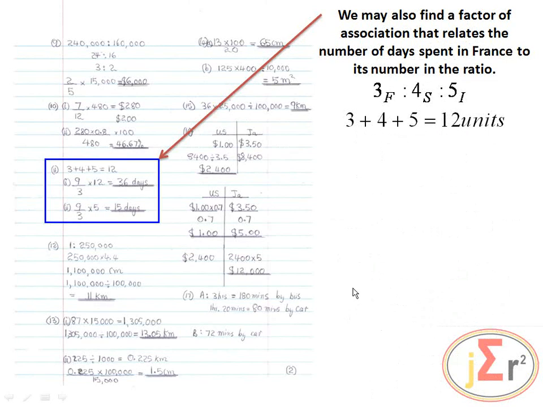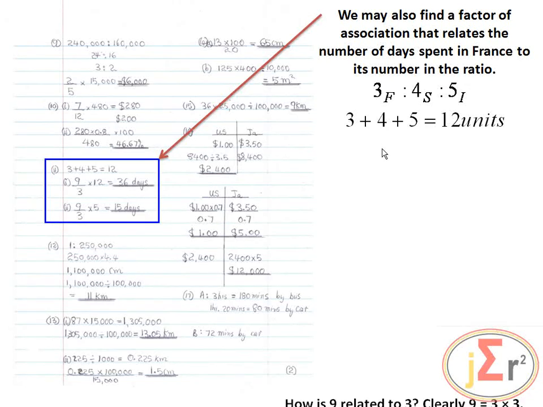We may also find a factor of association that relates the number of days spent in France to its number in the ratio, because we know that we have for France 3 units, and we remember that that represents 9 days.